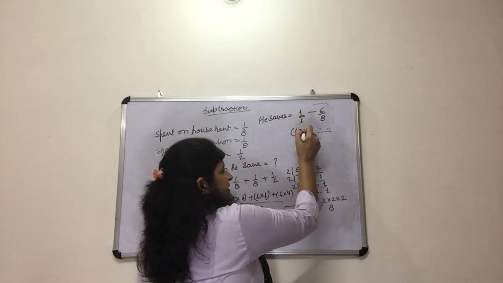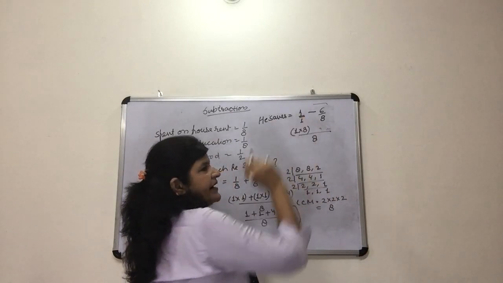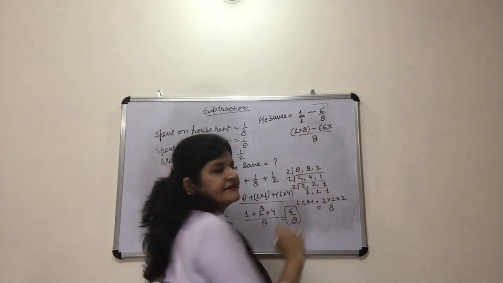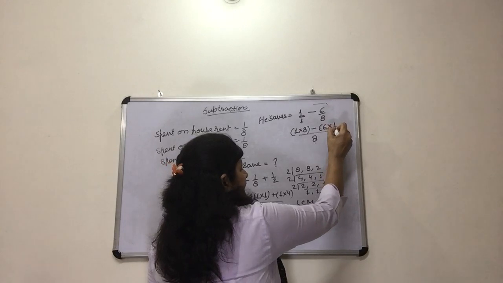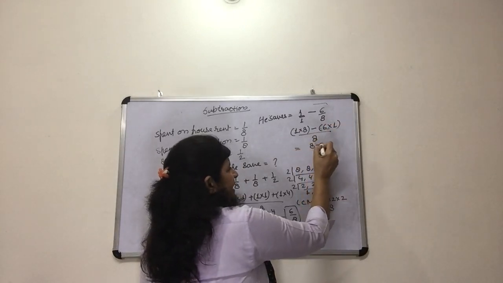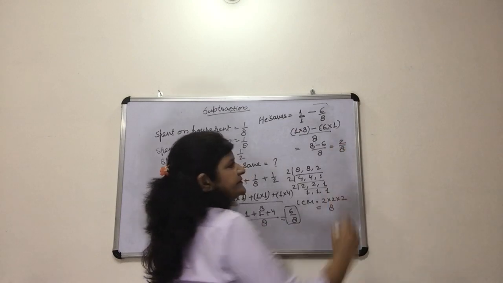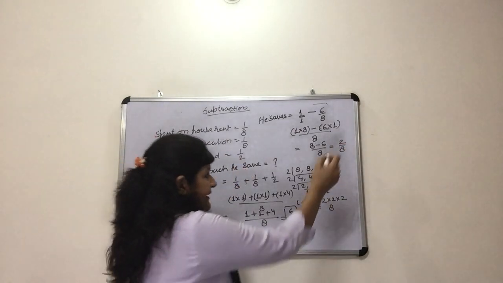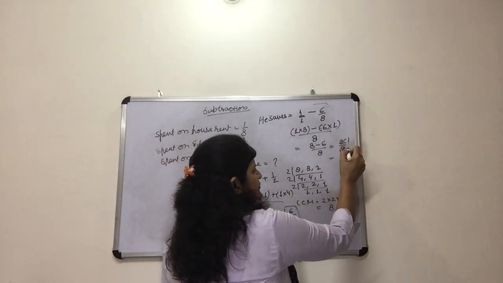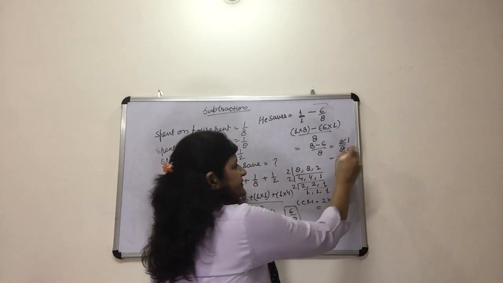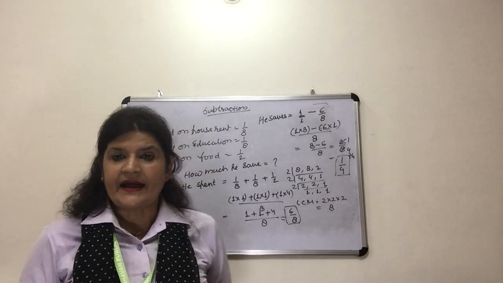Numerator will be copied and 8 is divided by this 1, minus numerator is copied and 8 is divided by 8. So this is 8 minus 6 upon 8, that is 2 upon 8. And further you can reduce it. 2 ones are 2 and 2 fours are 8. So 1/4 is the right answer.